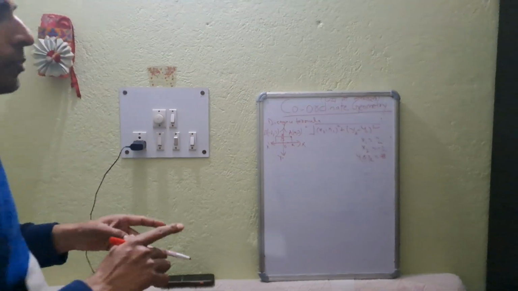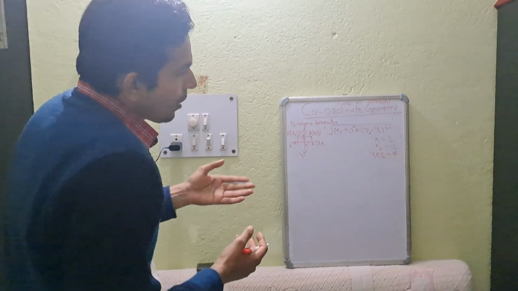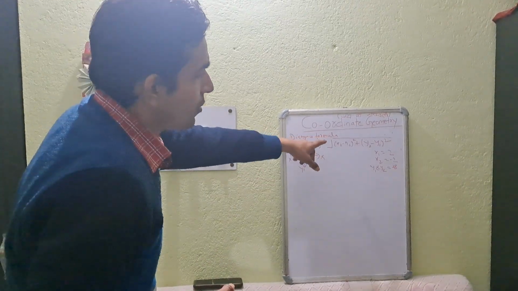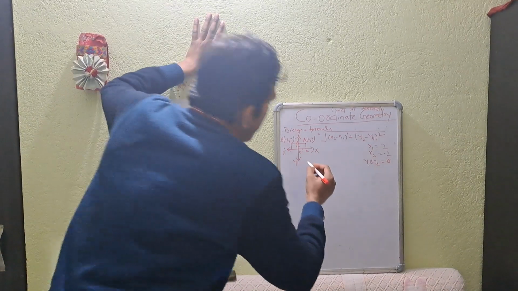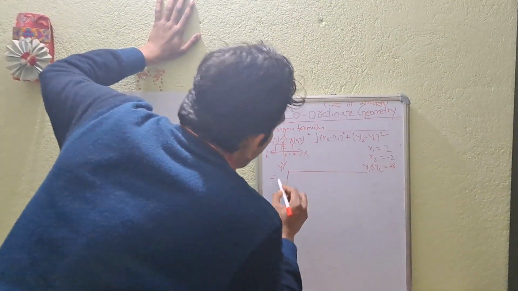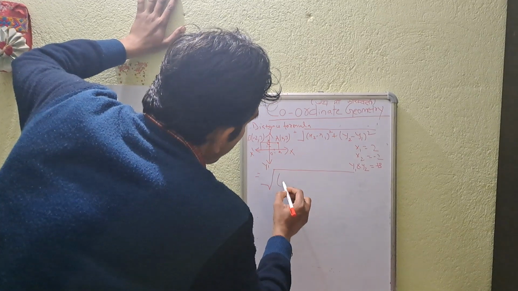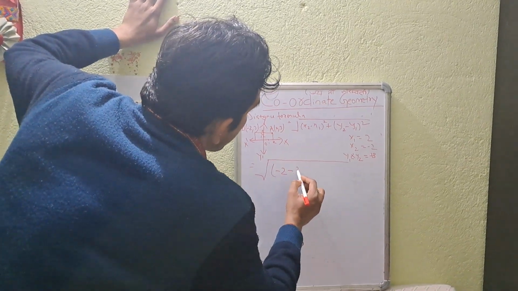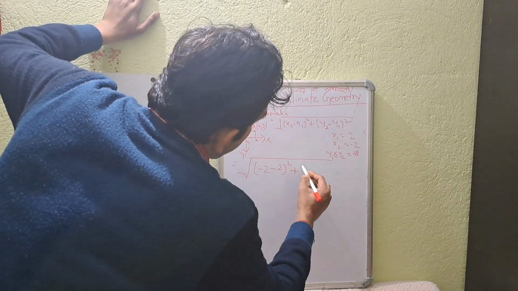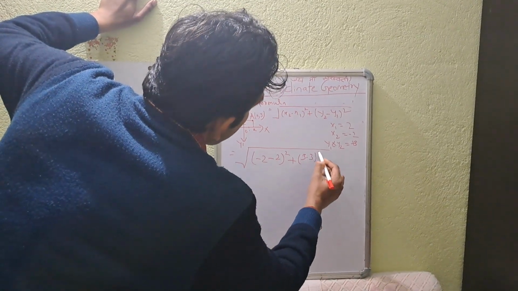Now we will back substitute. We will substitute the x1, x2 values and y1, y2 values in the distance formula which we had already mentioned here. So post back substitution, it will be (x2 minus x1), that is (-2 minus 2), the whole squared, plus (y2 minus y1), that is (3 minus 3), the whole squared.